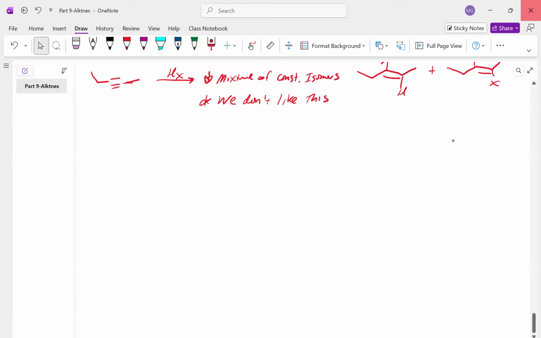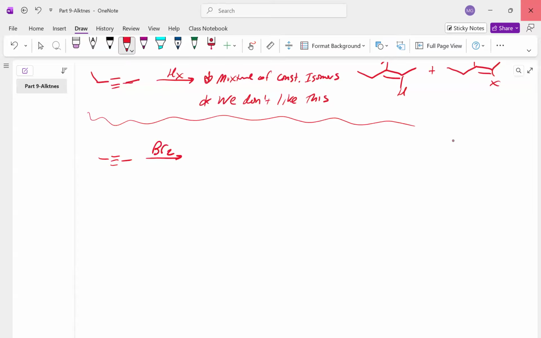Now let's take a look at another analogous reaction, the addition of a halogen. If we add 1 mole of bromine, or one equivalent, just like we saw in our last unit, we will add that bromine in an anti-fashion to adjacent carbons.